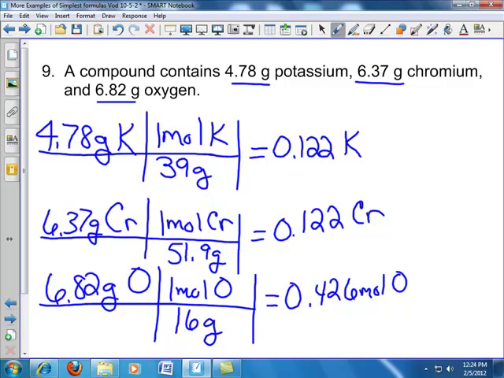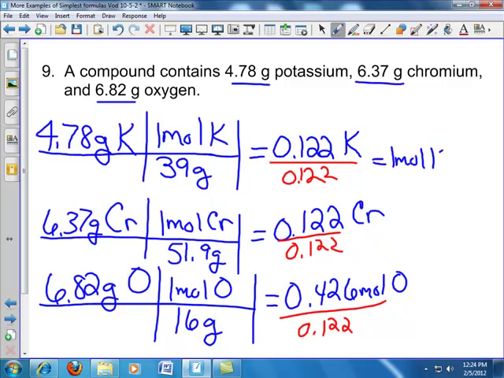So what's step 3? Divide all of these by the smallest number. Okay, so 0.122 is the smallest number. So this comes out to be 1 mole of potassium, 1 mole of chromium, and 3.5 moles of oxygen.